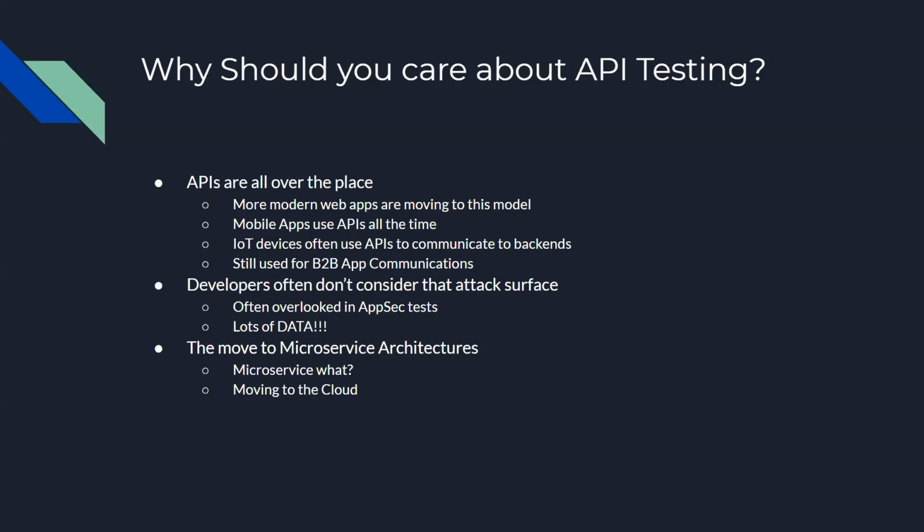You can go back to a lot of significant hacks that have happened, and you can start digging into some of the bigger ones where the developers just didn't believe this was an attack surface.